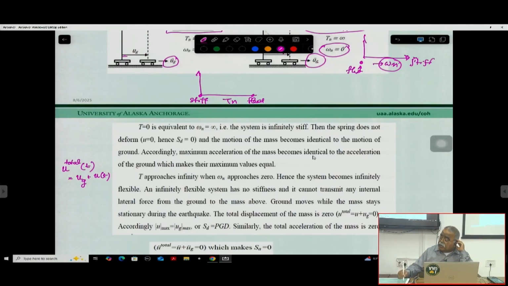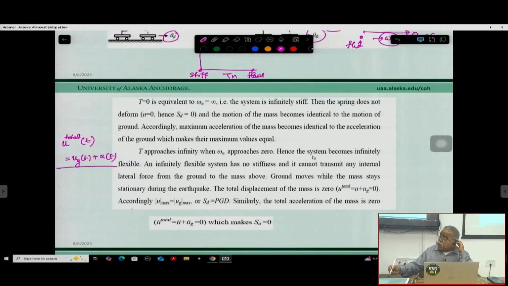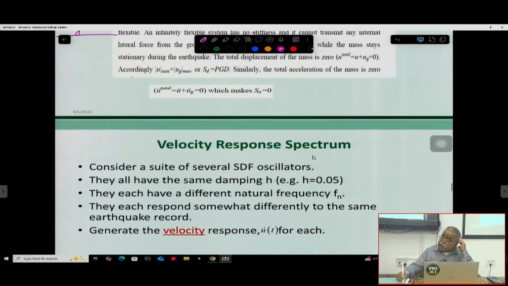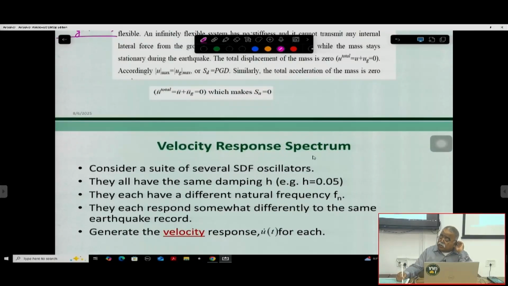We can write it as ug t and u t, so this will be equal to ug t plus u t, right? So these are the two. This part is the total displacement, and that is your spectral displacement. So you can calculate it.